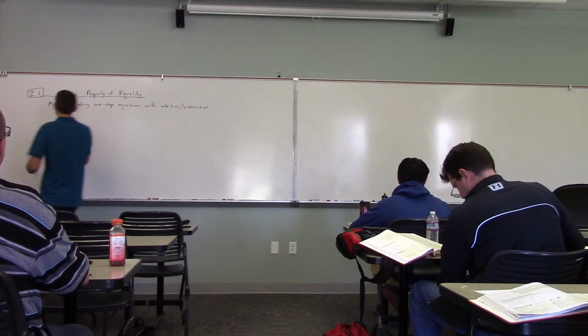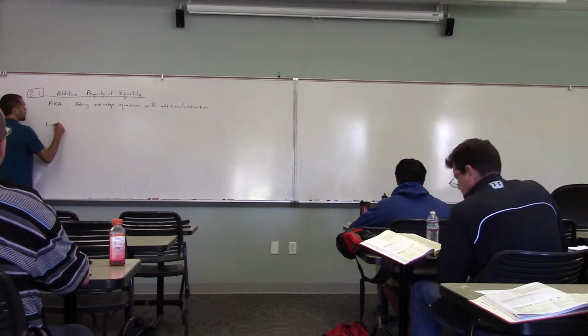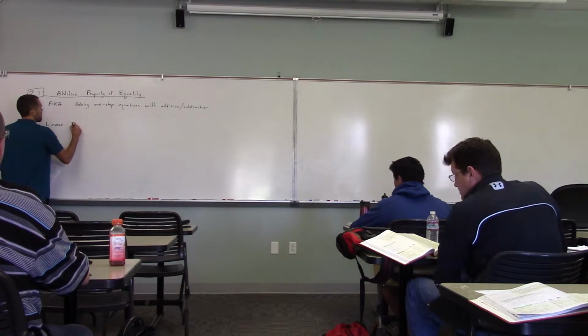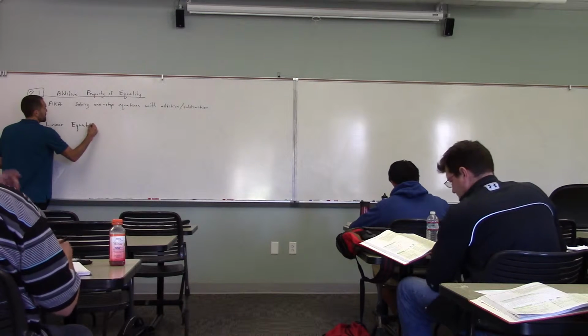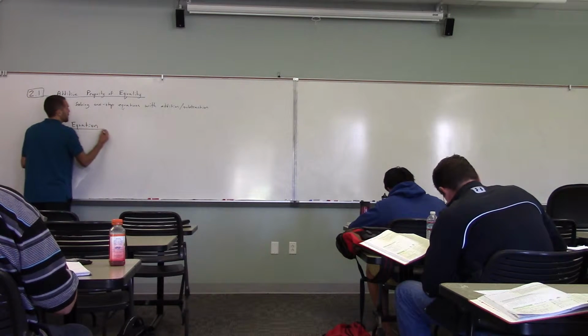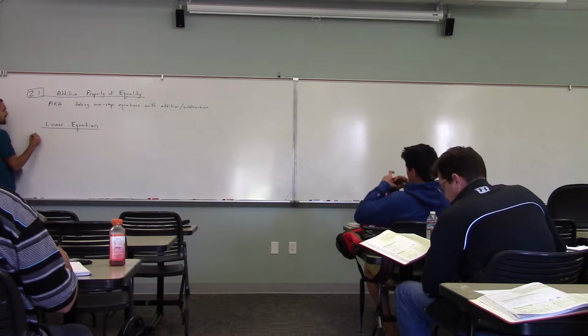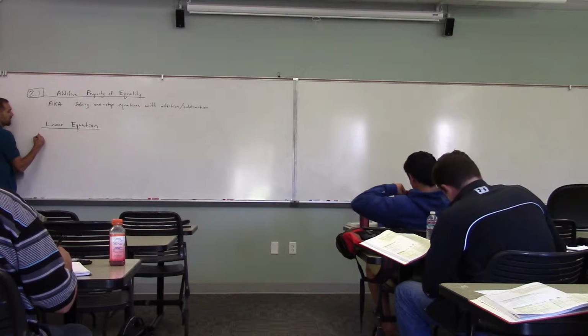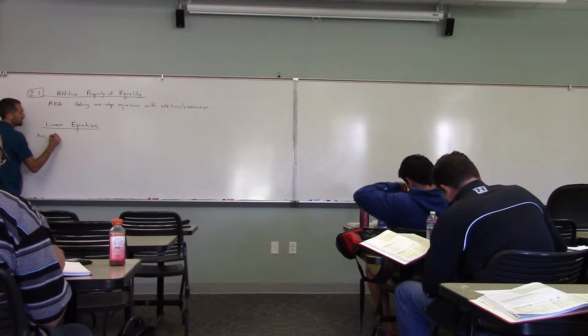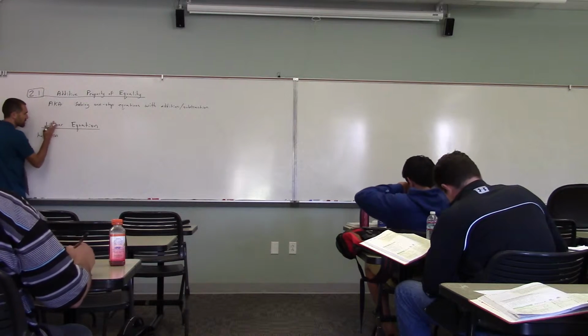So first I'm just going to define a linear equation in a really bad way. But again, it's because in the future you'll know the vocabulary to deal with it. Okay? So specifically, a linear equation has one variable. That's not even the way I wanted to say it.